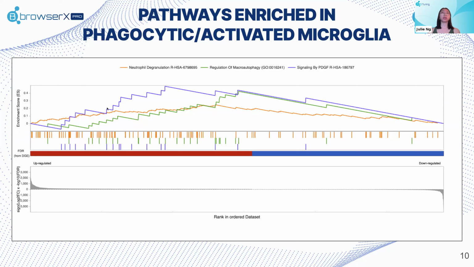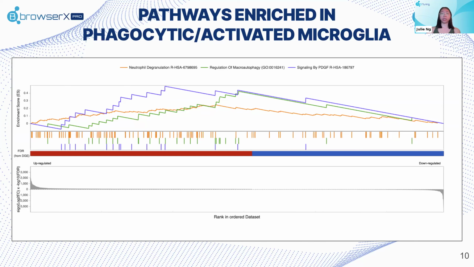Each of these 3 colors represents a different pathway. As we see the enrichment score climb up, the peak of the enrichment score is what we're really interested in. If the peak of the enrichment score falls to the left-hand side of the graph, as you can see here, then we can consider that pathway to be positively enriched in our population of cells.